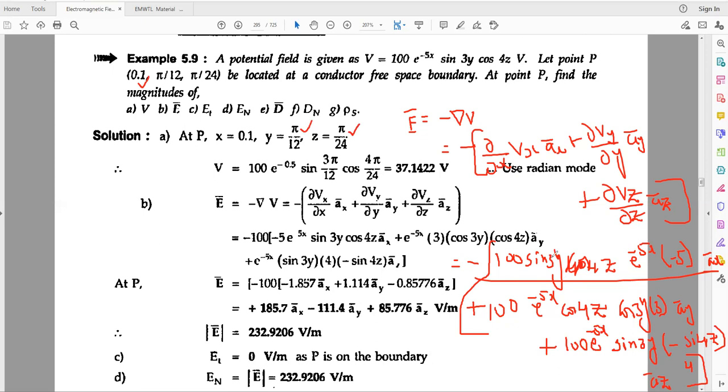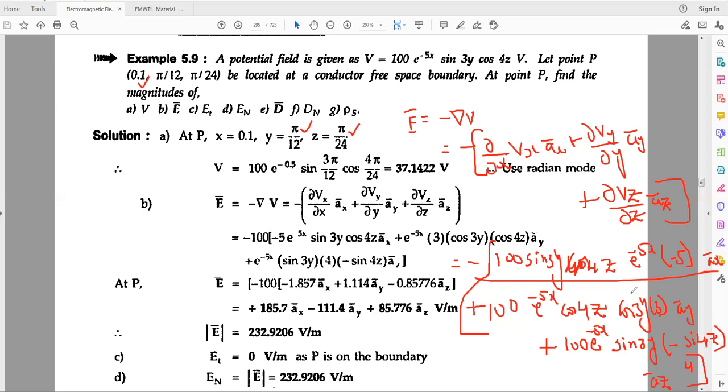So y is pi by 12, which means 3 is multiplied here: pi by 4, sine pi by 4 is 1 by root 2. Cos 4z means z is equal to pi by 24, so 4 pi by 24 is pi by 6, cos pi by 6. Find this value here, and e power minus 5x where x is 0.1.